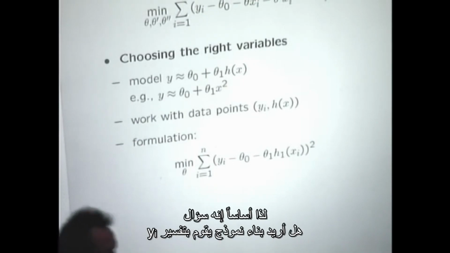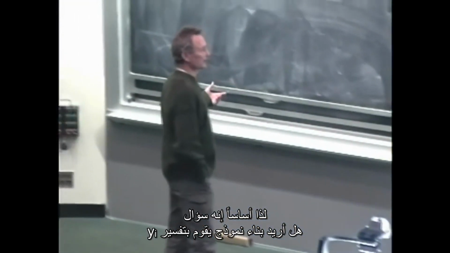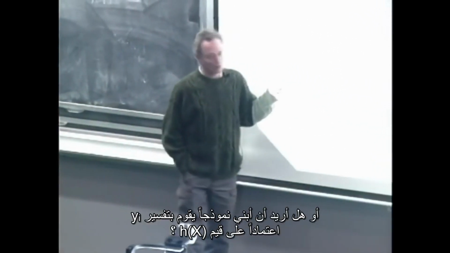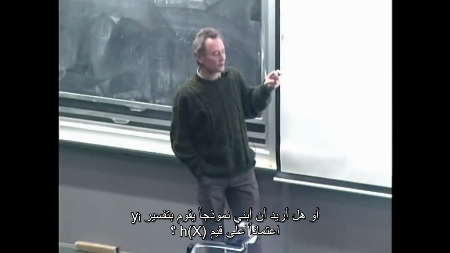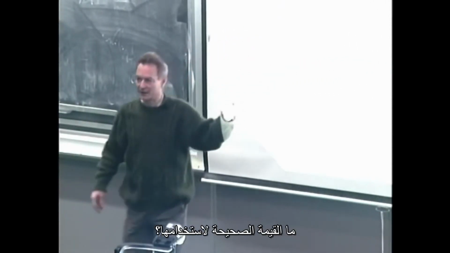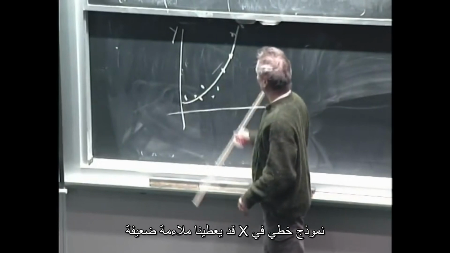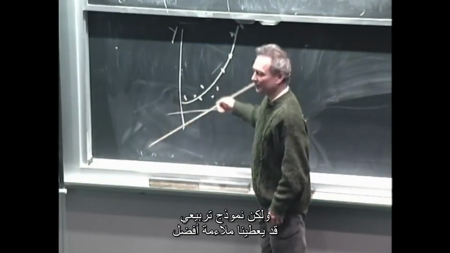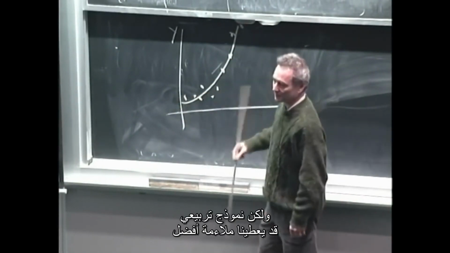So it's basically a question, do I want to build a model that explains y's based on the values of x, or do I want to build a model that explains y's on the basis of the values of h of x, which is the right value to use? And with this picture here, we see that it can make a difference. A linear model in x might be a poor fit, but a quadratic model might give us a better fit.